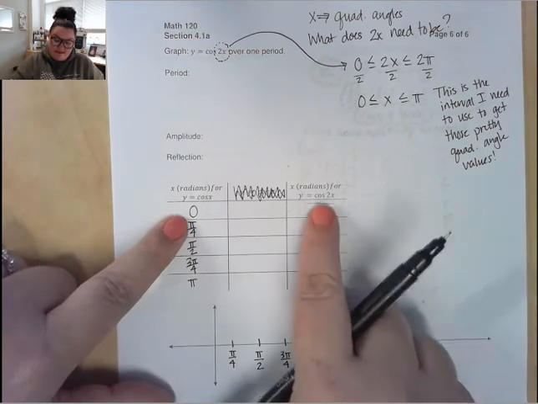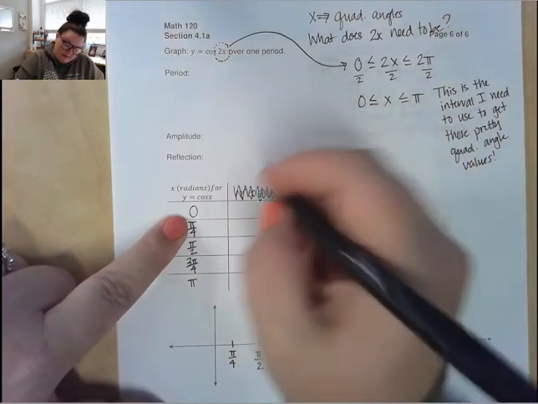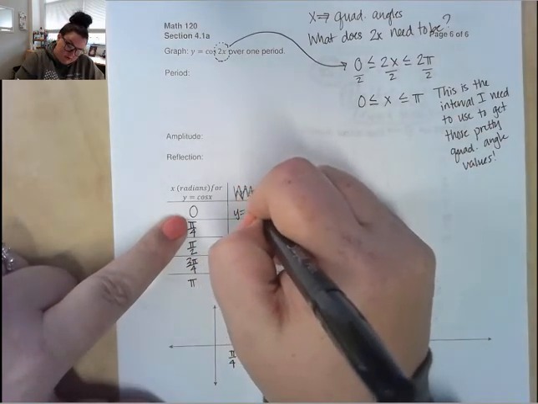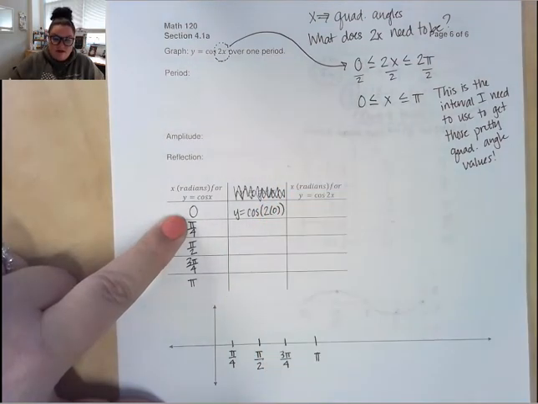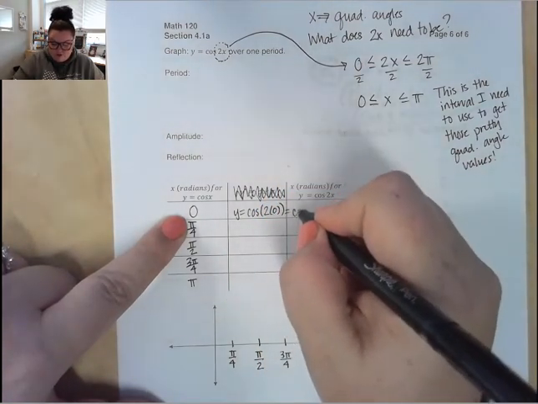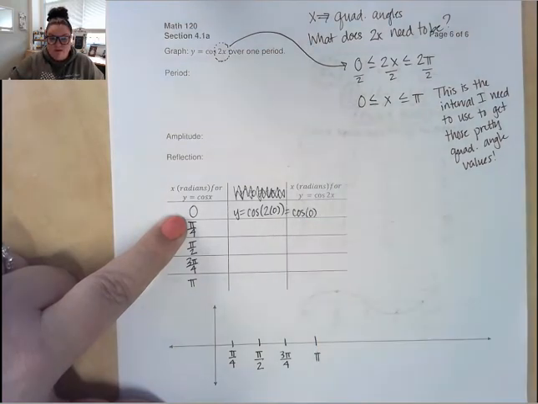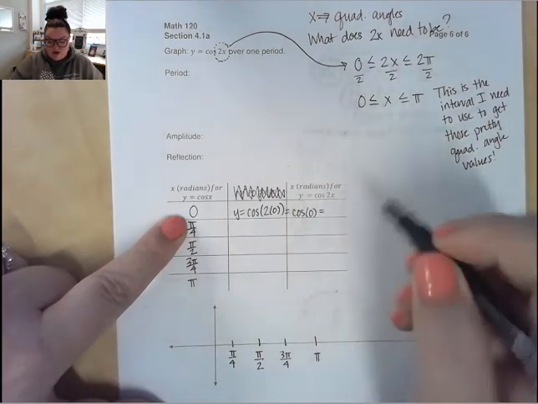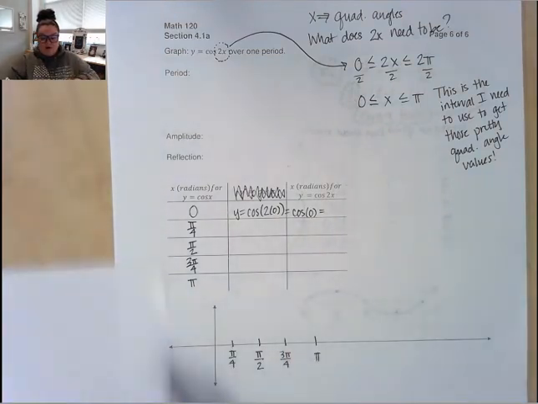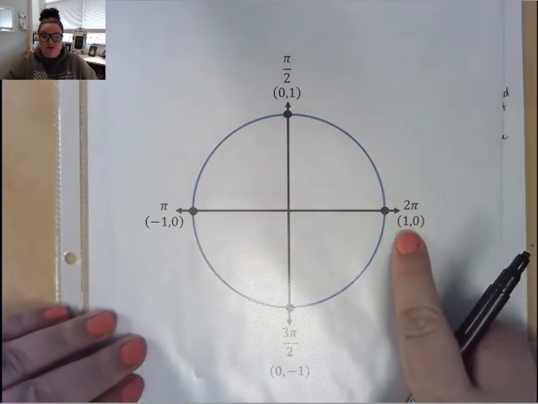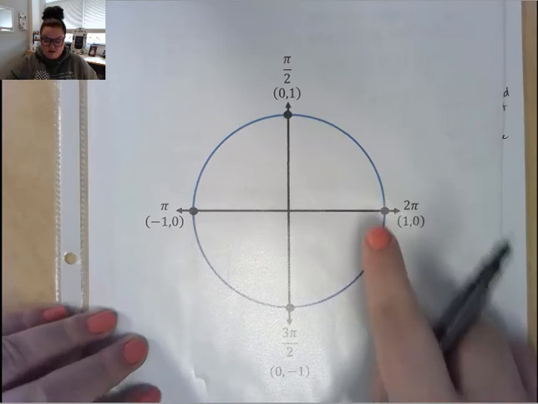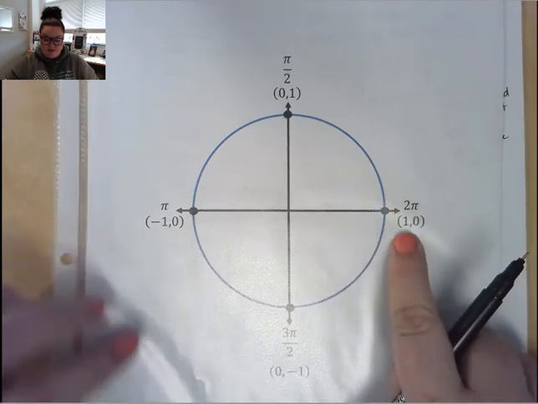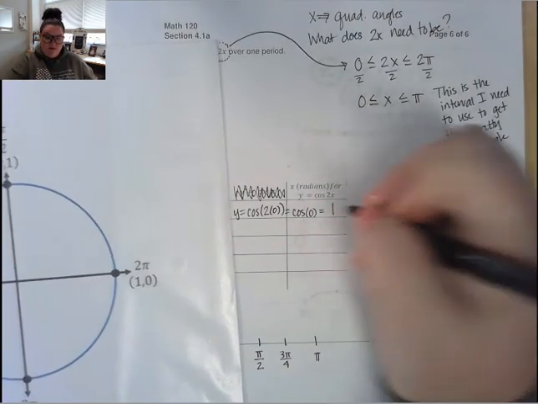If I were to plug 0 in here, I would get y is equal to cosine of 2 times 0, or in other words, just cosine of 0. And we know that our cosine of 0 is our starting point for going around and getting the cosine curve. So our starting point for cosine of 0 is 1, right?